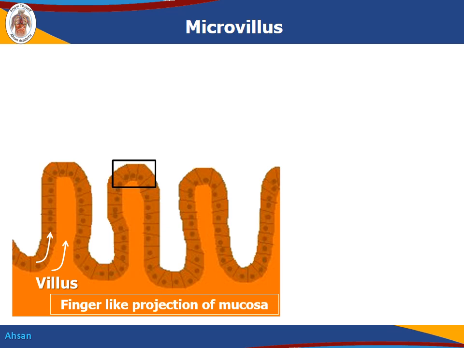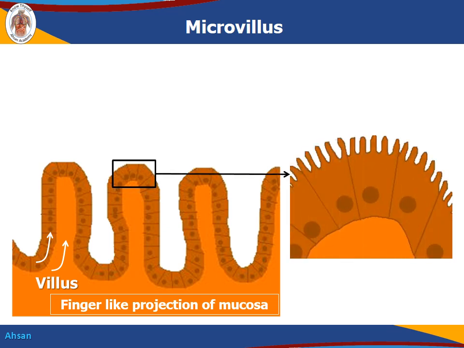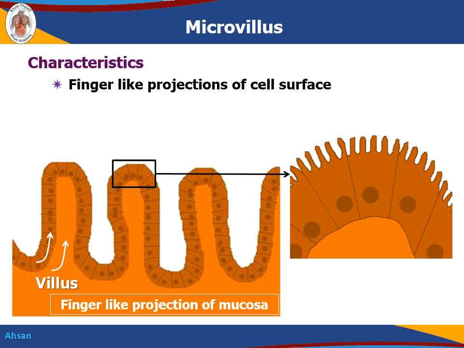Let us take the cells from the surface. You will find that each cell has similar finger-like projections at their apex, and these are known as microvilli of the cell. These are finger-like projections of the apical part of the cell, or it may be in other parts.